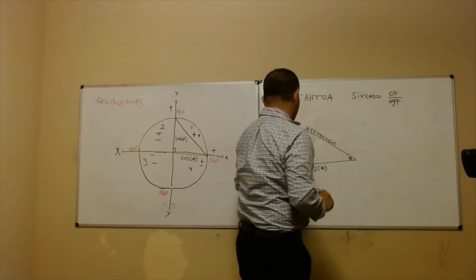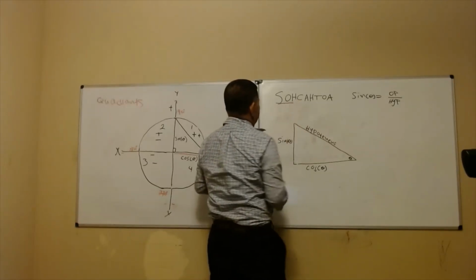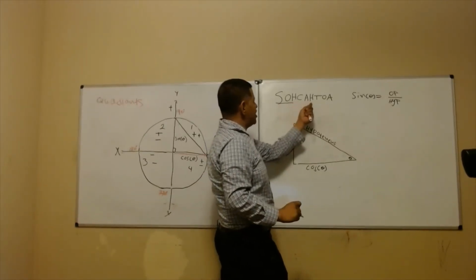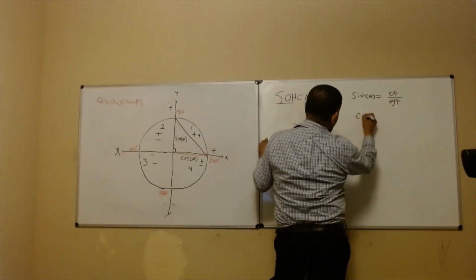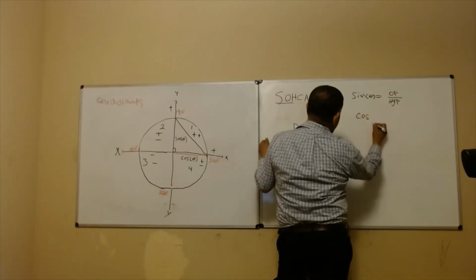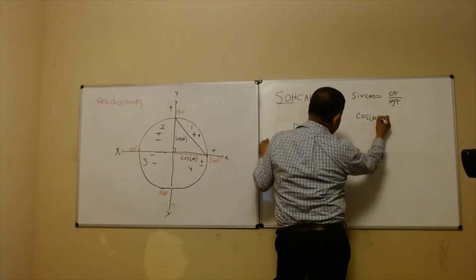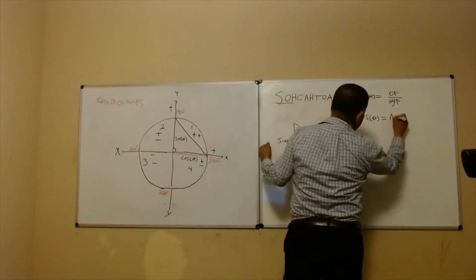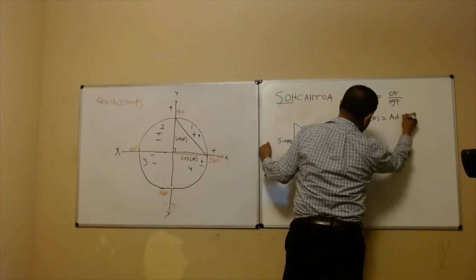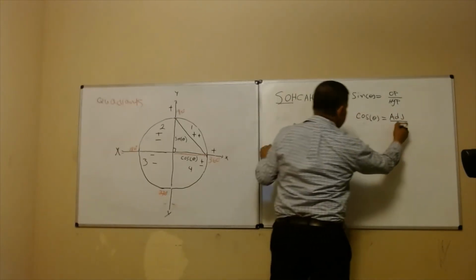Now, what is cosine? Cosine of theta is equal to adjacent over hypotenuse. So we got that done.